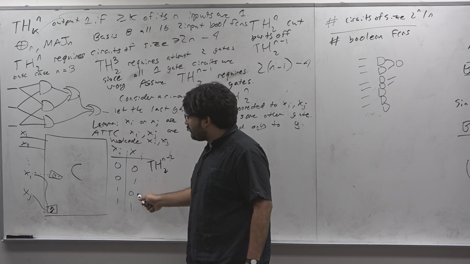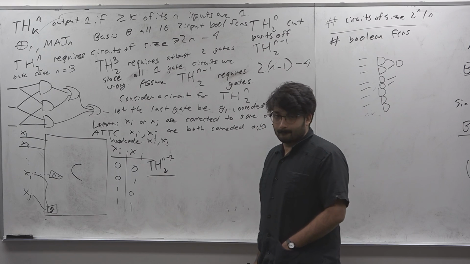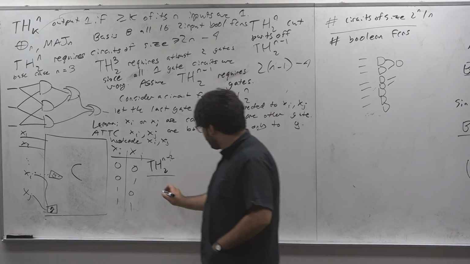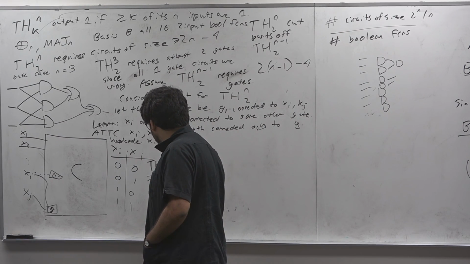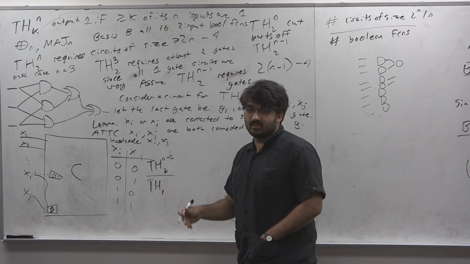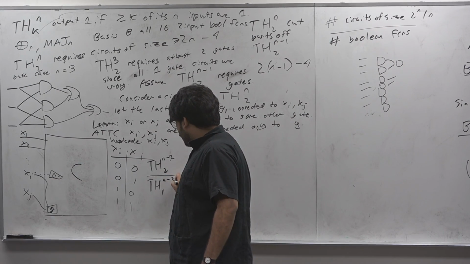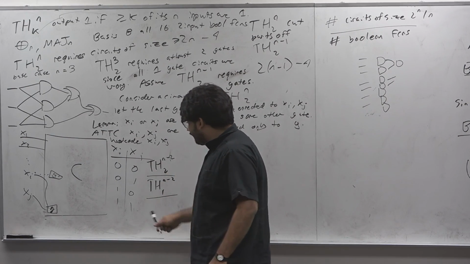What if one of them is 1? 2 of n-1. 1 of n-1, yes, because one of them's already on. So we need threshold of 2, we need at least one more to be on, and it's n-2. Okay, and what if both of them are on?